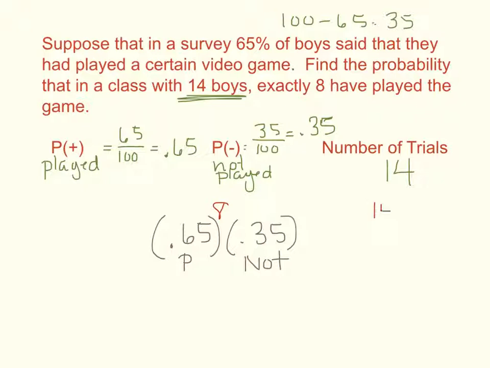And then 14 minus 8 is 6, so we want to put a 6 on the amount of people who have not played the game. And then to figure out how many groups there are, we need a combination at the front. 14 boys. How many groups of 8 can you make? And let's see what the answer is. Okay, and that is 0.076 if I round to 3 decimal places.